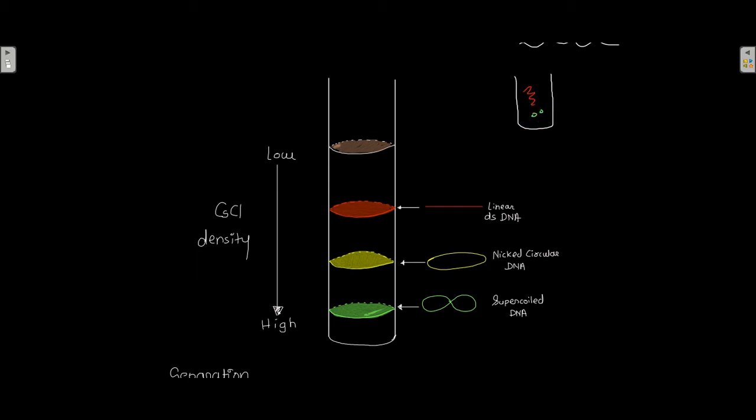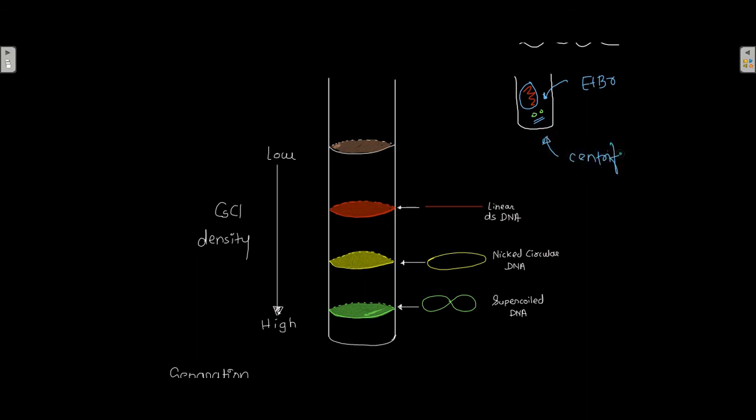Now you subjected it to EtBr. You put EtBr into it. Now EtBr, what will it do? It will reduce the density of this bacterial DNA more than this supercoiled DNA, that is plasmid DNA, and then you will subject this to centrifugation.